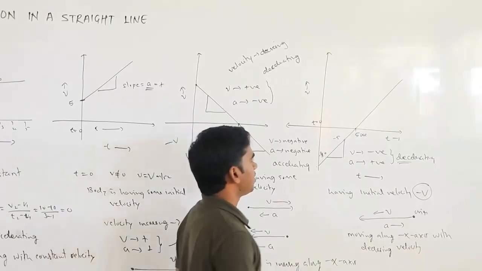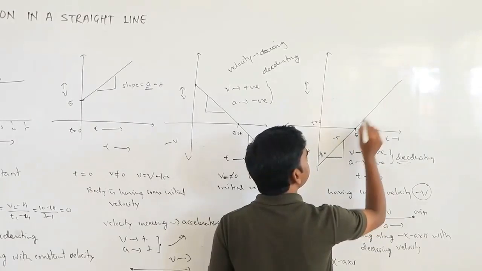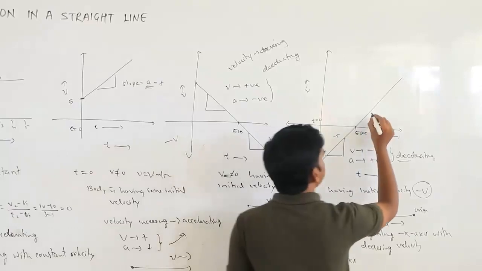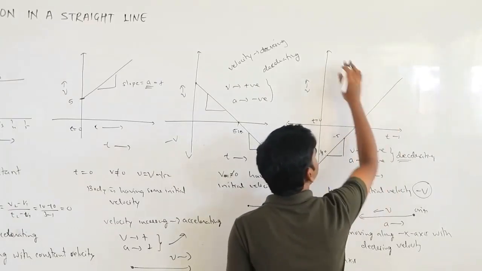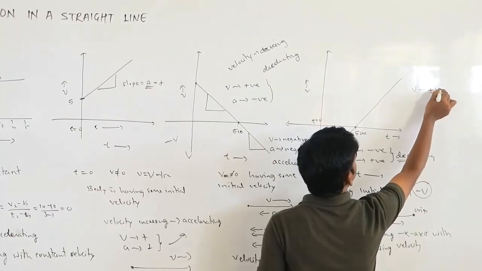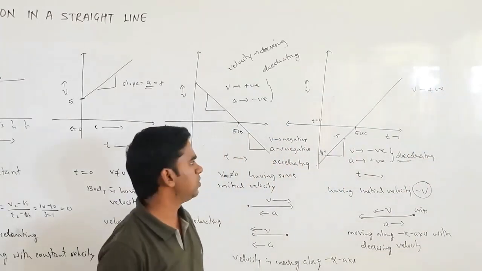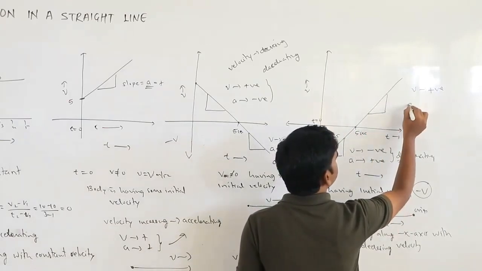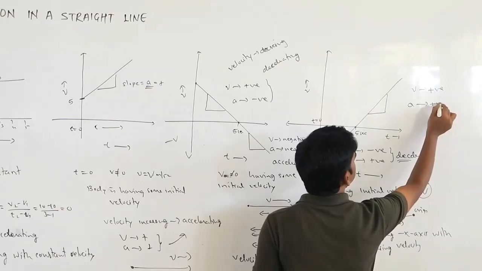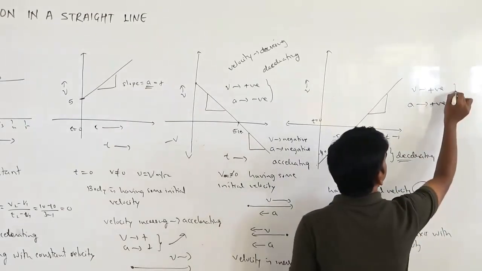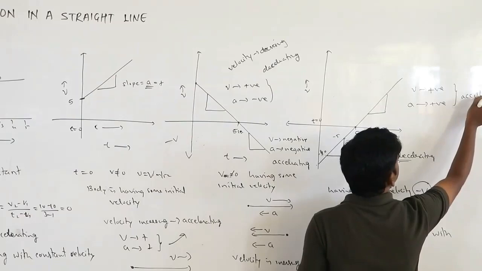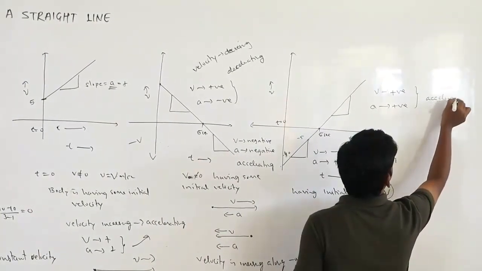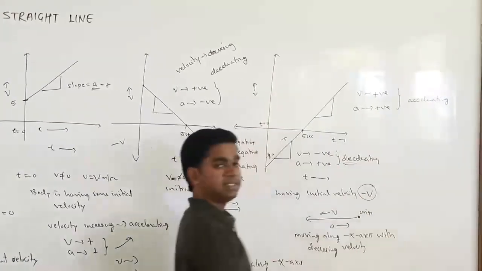Now after 5 seconds, what happens here? Velocity is going to be positive. What about the slope? Slope means acceleration. Acceleration is also positive. If both are positive, the body is accelerating, meaning velocity is increasing.